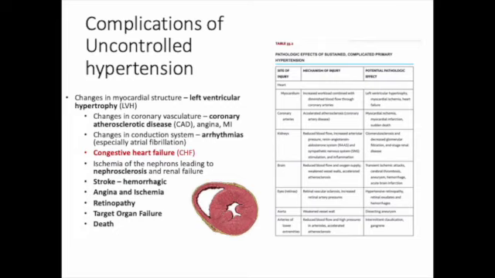Well, we're not just affecting the heart, we also have to consider what's going on with the kidneys. The renal complications are parenchymal damage, nephrosclerosis, renal arterial sclerosis, and even eventually renal insufficiency that can lead to renal failure.